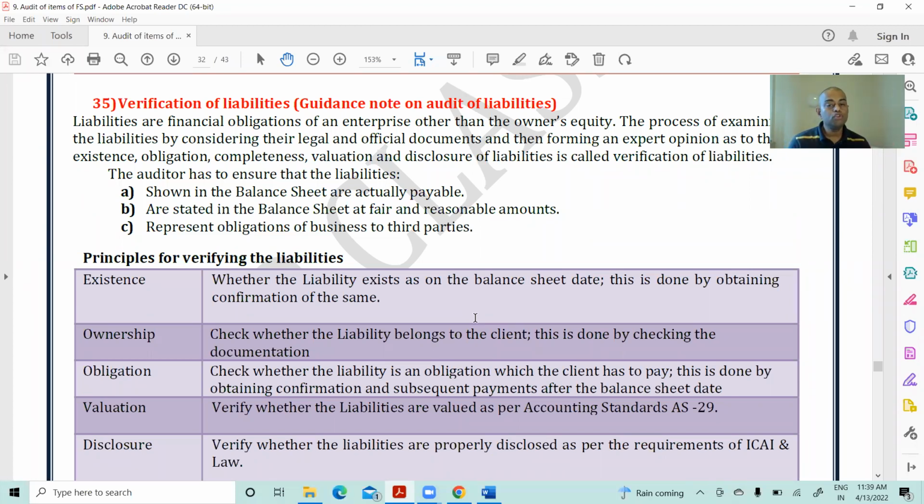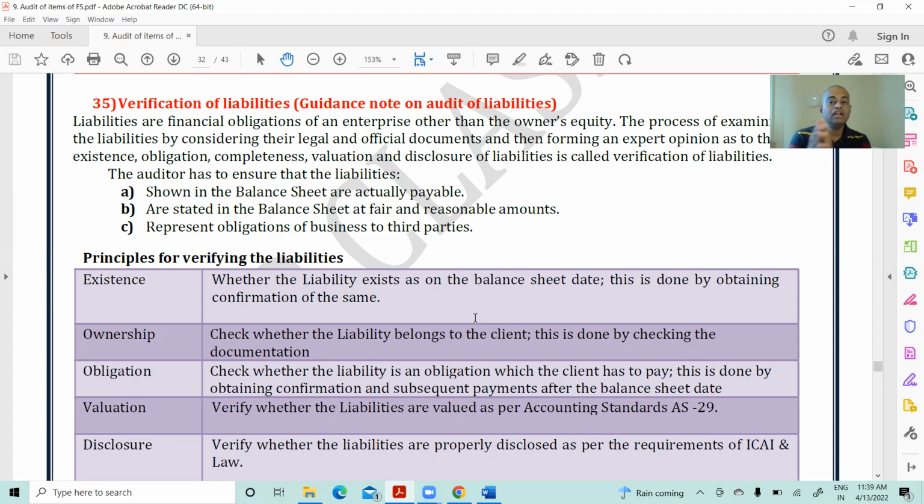Then, when you borrow money, there will be a repayment schedule. Based on the repayment schedule given by the lender, whether you are properly repaying money or not, and after repayment during the year, what is the principal amount outstanding as on the balance sheet date, that you need to verify.